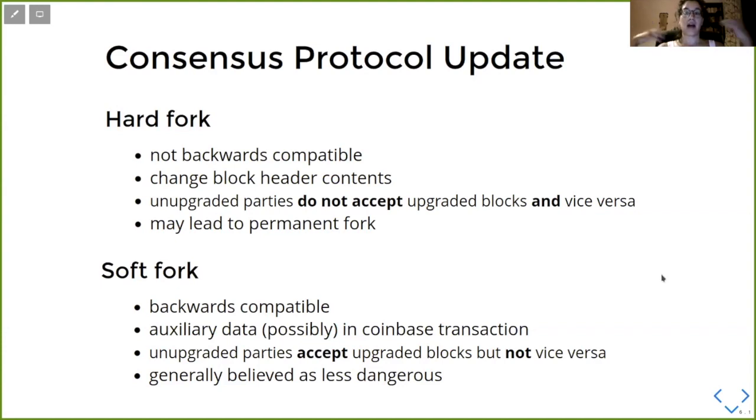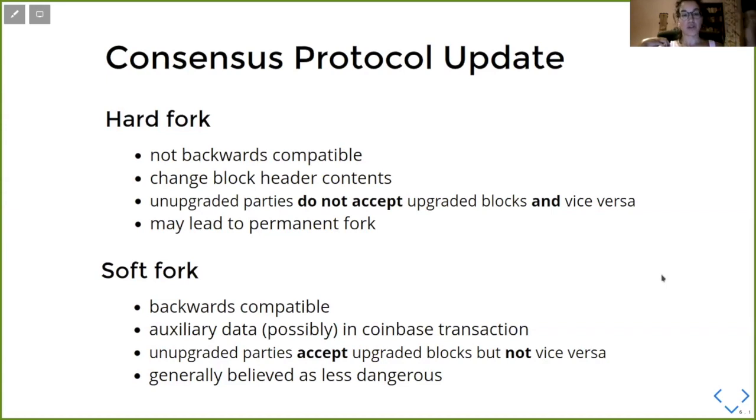And upgraded parties also do not accept unupgraded blocks because they don't satisfy the new consensus protocol rules. And this is generally believed to be quite a dangerous way to implement protocol changes because it may lead to a permanent fork of the network.